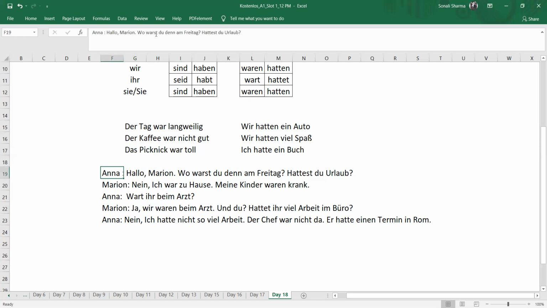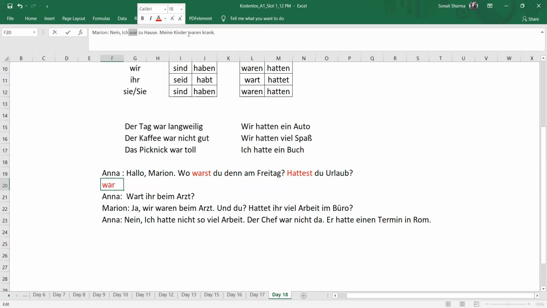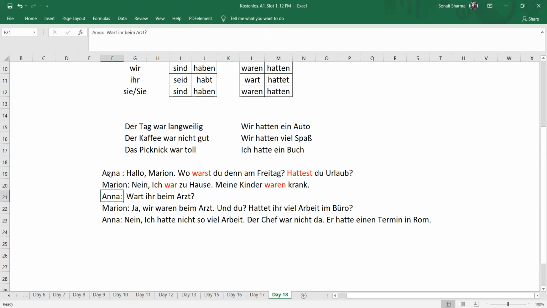So in the first, it was warst, and this was hattest. Next, in the Marion part, it was war and waren. Next, in the Anna part, it was wart.